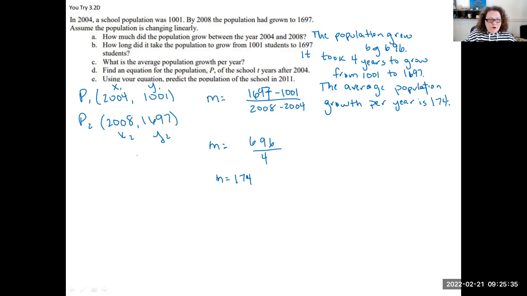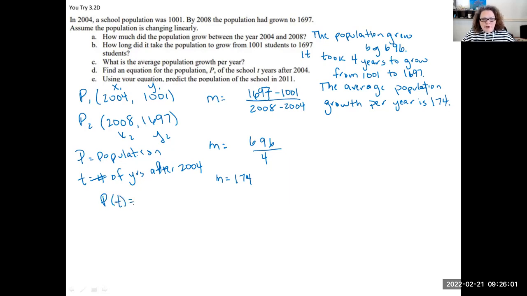Okay, so the population is P. And T is the number of years after 2004. All right, so P of T is our function.